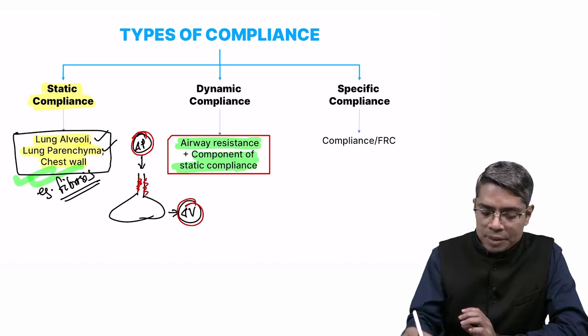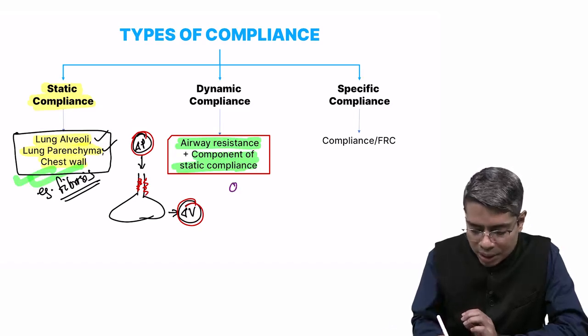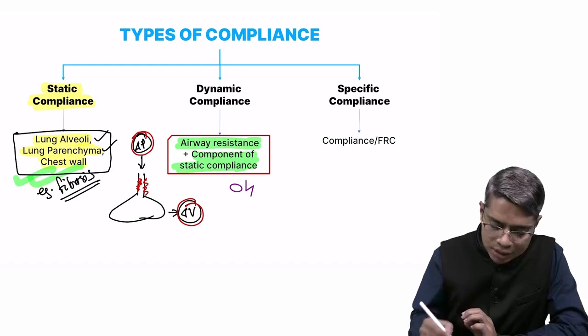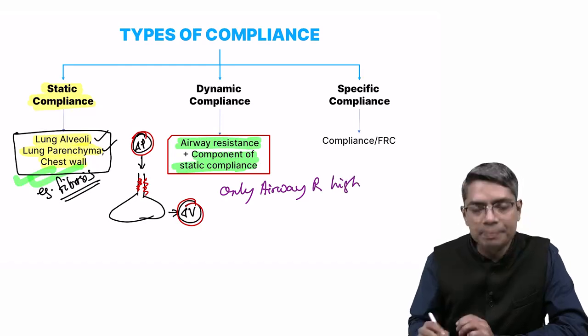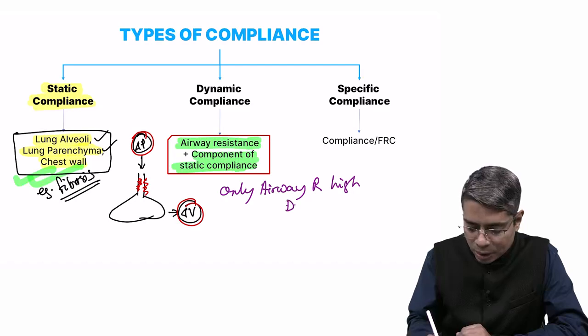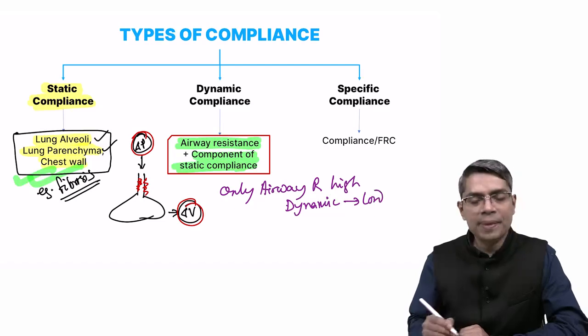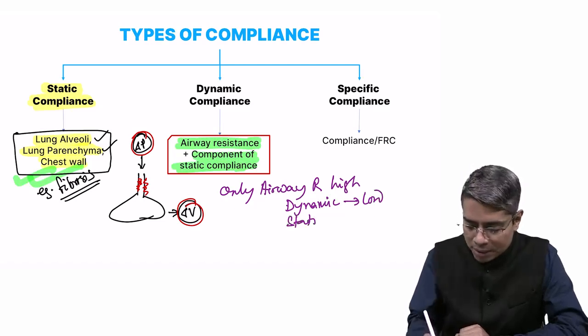So suppose I give one condition where only airway resistance is high. Airway resistance is very high. What will happen to the dynamic compliance in this condition? The dynamic compliance will be lower, obviously. And what will happen to the static compliance in this condition?